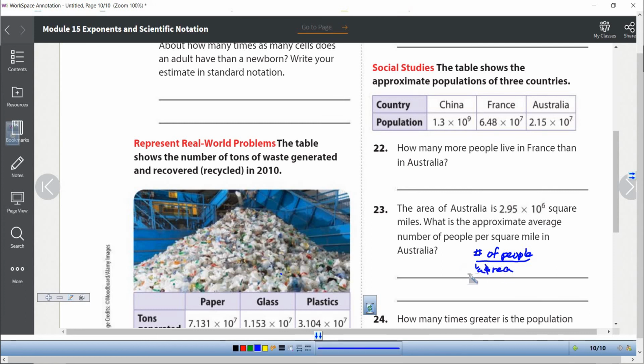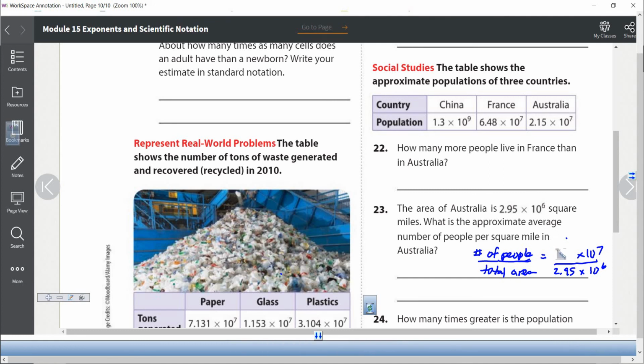So, excuse me. Let me do that again. So this one's going to be the number of people over the total area. So the number of people in Australia is 2.15 times 10 to the 7th power, right? And the total area of Australia is 2.95 times 10 to the 6th power.